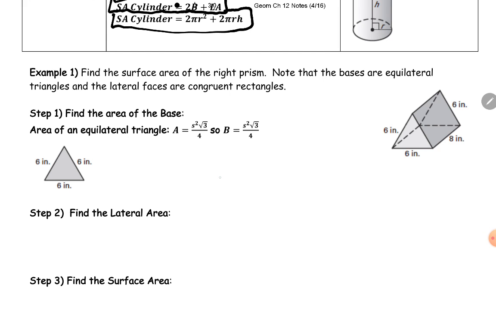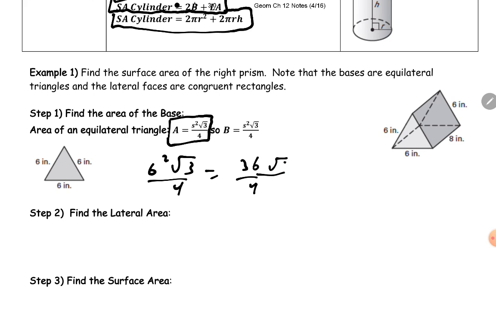We need to find the area of the base, and luckily we have this formula for us. So 6 squared times the square root of 3 divided by 4 is 36 divided by 4 times the square root of 3, and I'm going to leave it as 9 times the square root of 3. So that is the area of my base. I'm going to call this capital B.